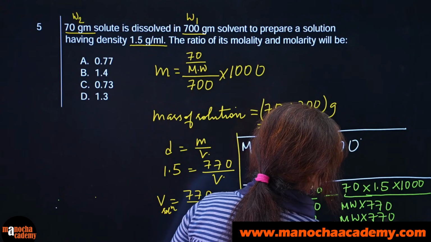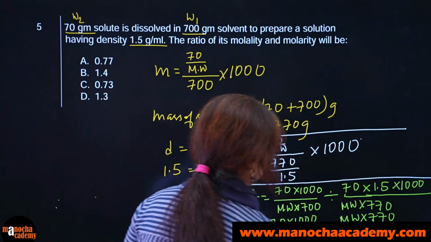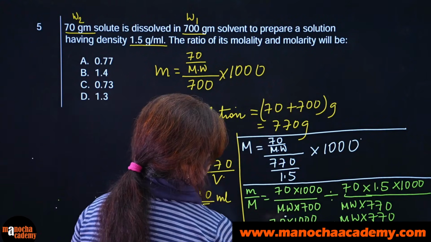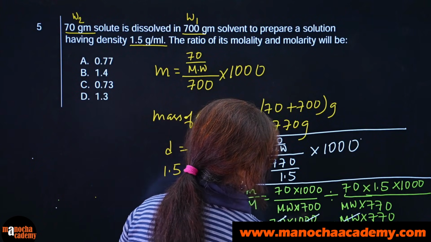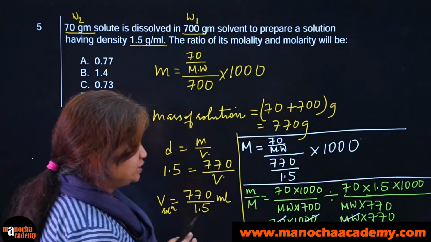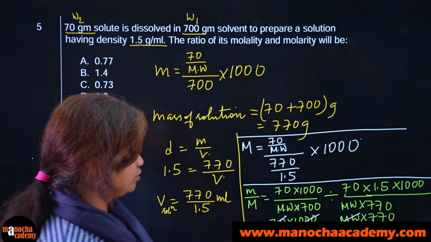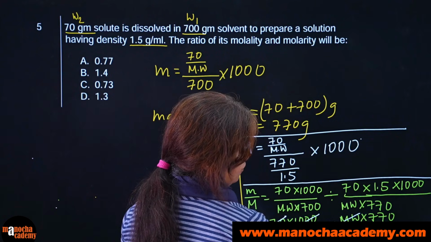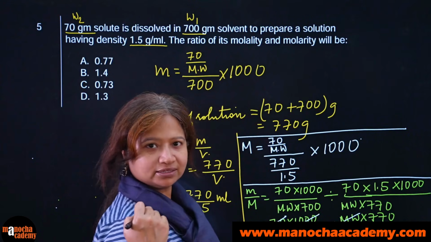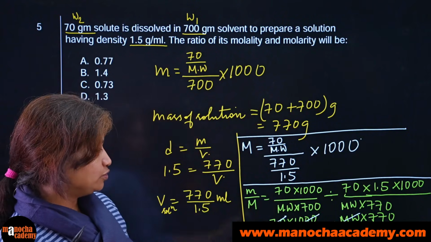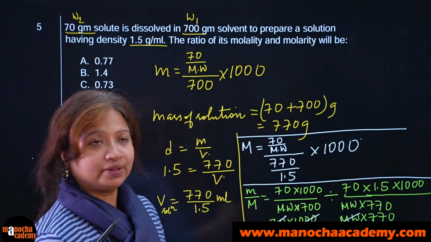So most of the things get cancelled out here. 70, 70 gets cancelled, MW, MW gets cancelled, 1000, 1000 gets cancelled. So it's left only 770. In fact, if you take it as 15, it will be 7700, and the 200s also get cancelled. So the calculation now becomes very simple.